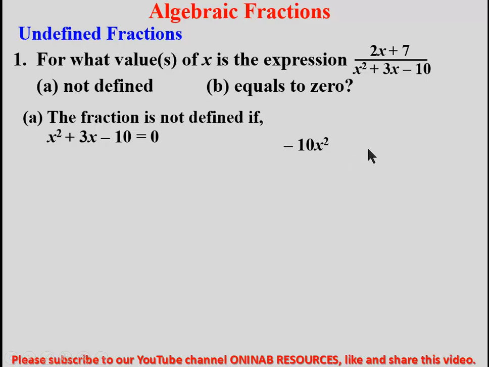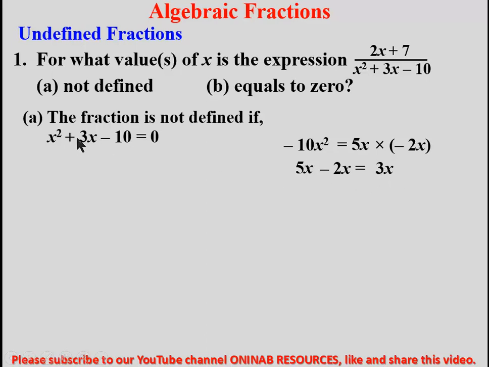So the factors are 5x and -2x. 5x times -2x gives -10x², and 5x - 2x gives 3x, which is the middle term here.